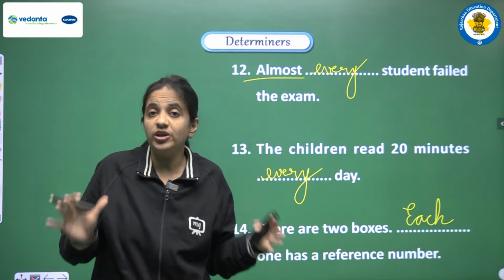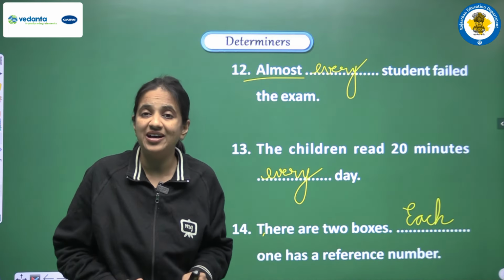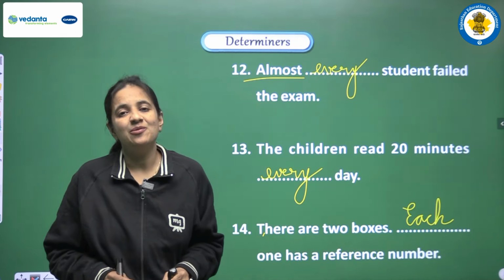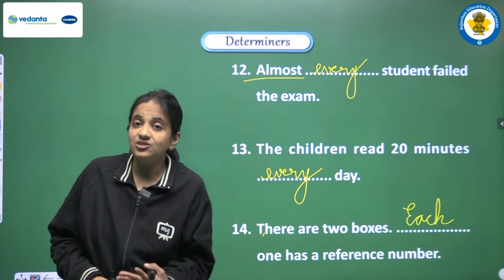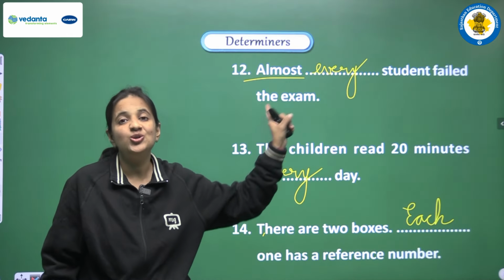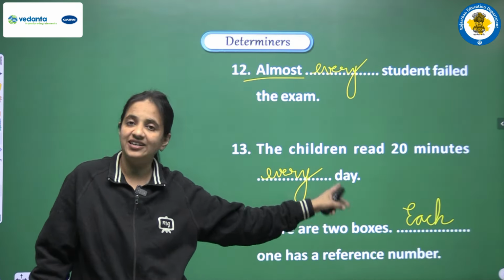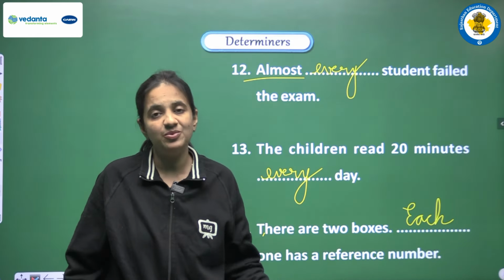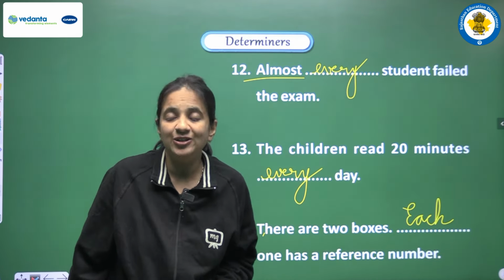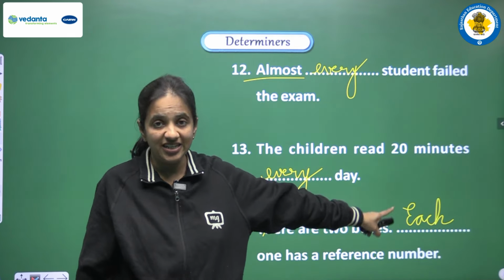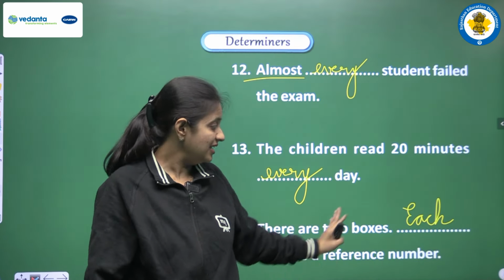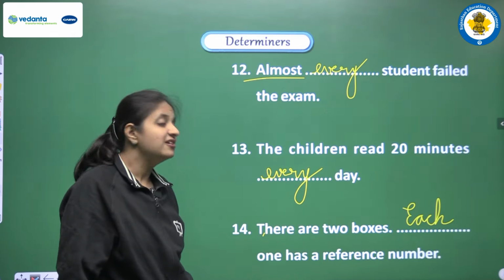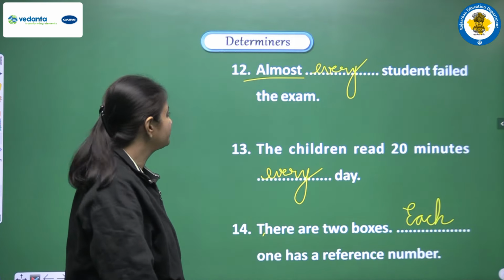It means कि दोनों ही boxes पे reference number लिखा हुआ था. Okay, so when we are talking about one group as an individual, so every time we have to use each. So first of all we are saying that there are 2 boxes, and now we are saying that दोनों ही boxes पे reference number था, and to show this thing we have to use each, and our answer is each, and the sentence will be each one has a reference number.